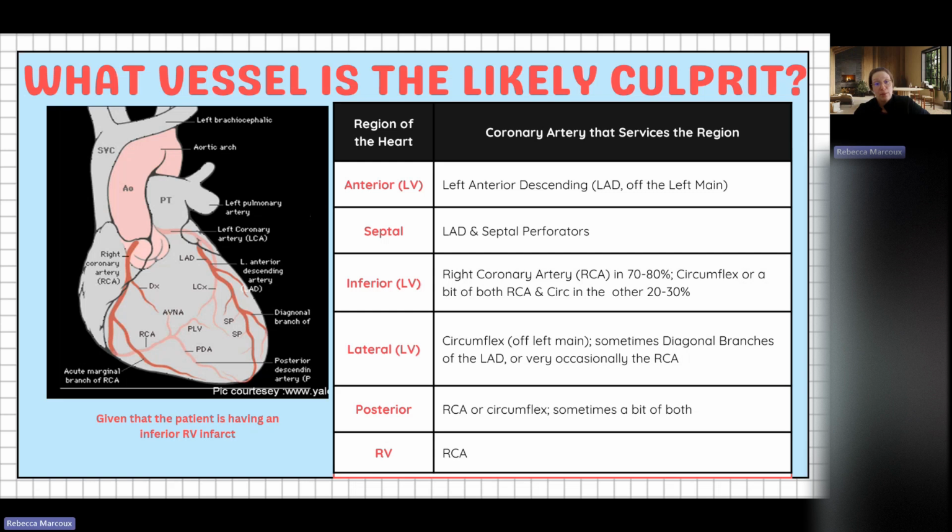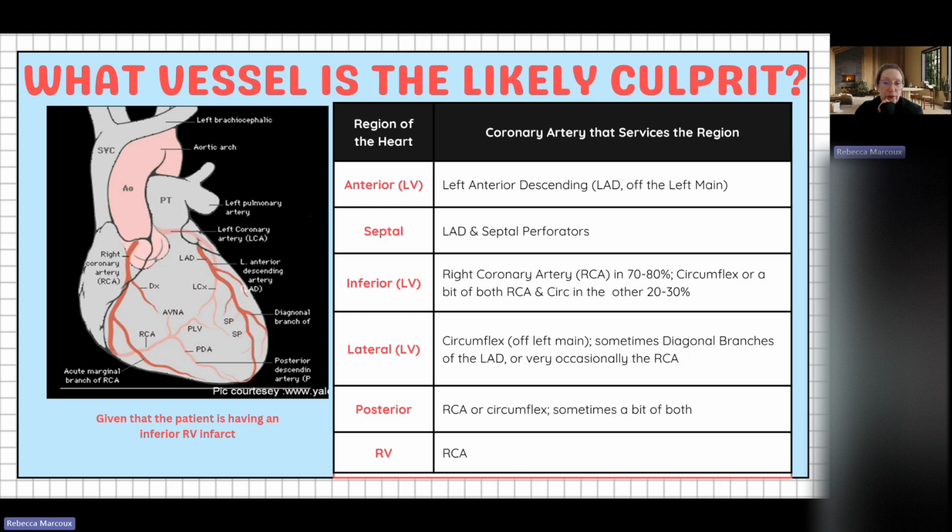So keeping in mind that we're having an RV and an inferior MI, what is the likely blood vessel that's impacted?